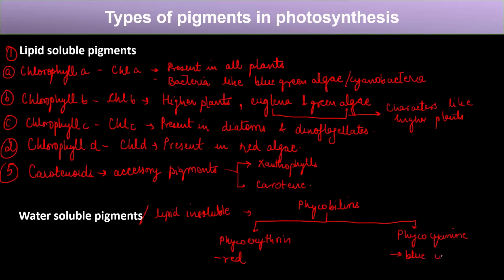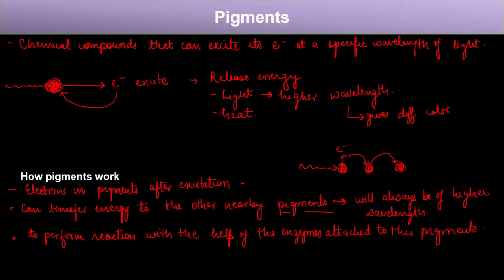It gives blue color. By the color here, what I mean is that these pigments, when they absorb light, their electrons get excited, and when these excited electrons come back to the ground state, they release certain energy as light, and this light is of higher wavelength.